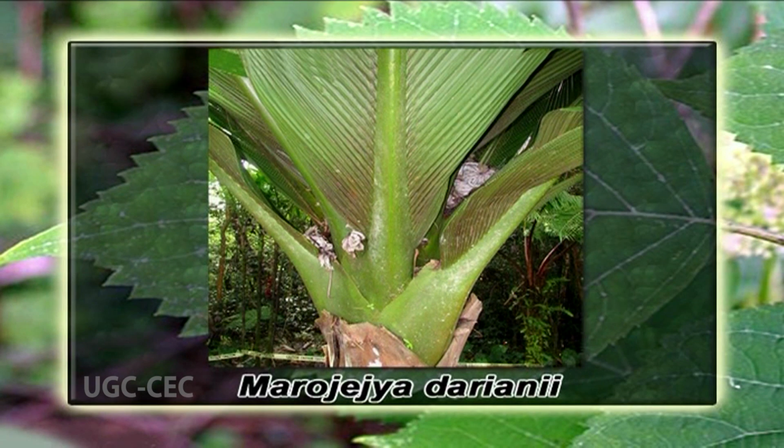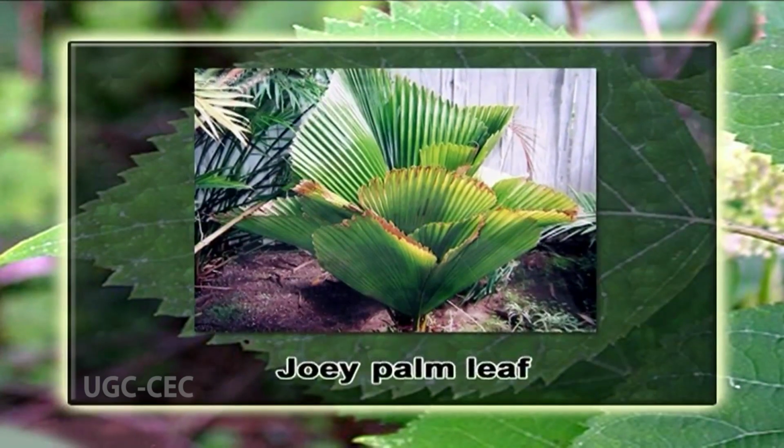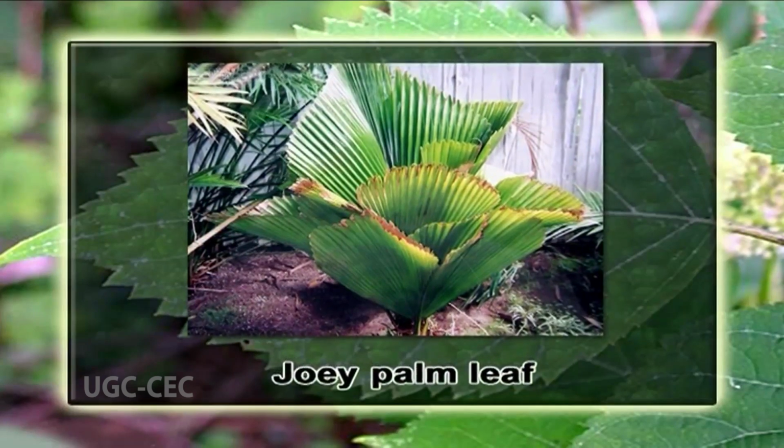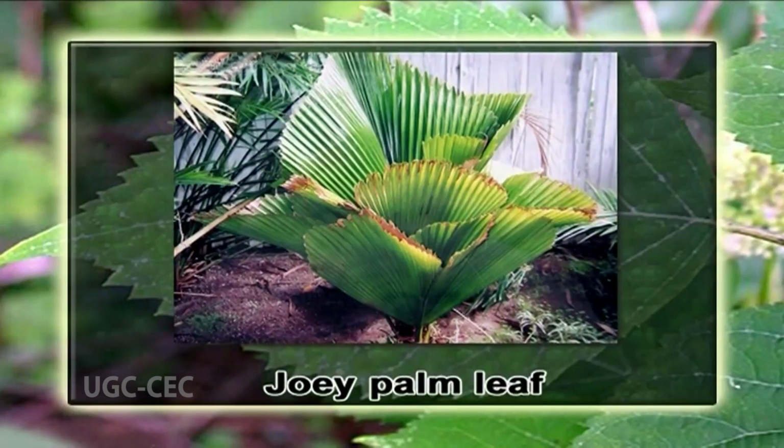Marojejia darianii is a palm native to Madagascar with a leaf up to 5 meters in length that's divided only once at the tip. And geopalm, that is Johannesteijsmannia altifrons, a palm native to Thailand, has a leaf up to 4 meters long that is completely undivided.